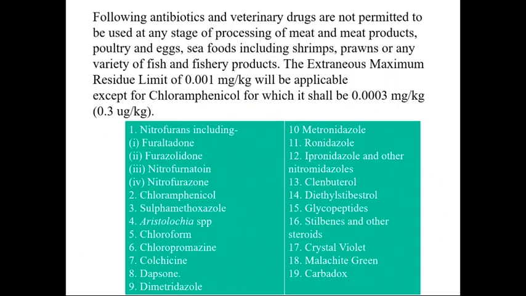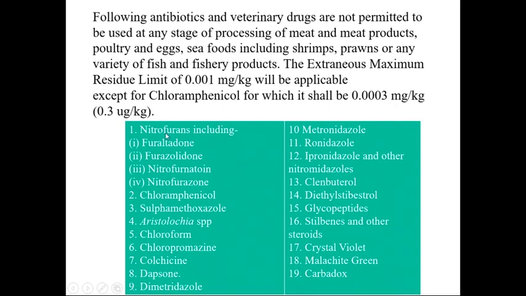The following antibiotics and veterinary drugs are not permitted to be used at any stage of processing of meat or meat products, poultry and eggs, seafoods, including shrimps, prawns, or any variety of fish and fish products. The maximum residue limit is 0.001, and for chloramphenicol it is 0.003. These are actually limits of the instrument.